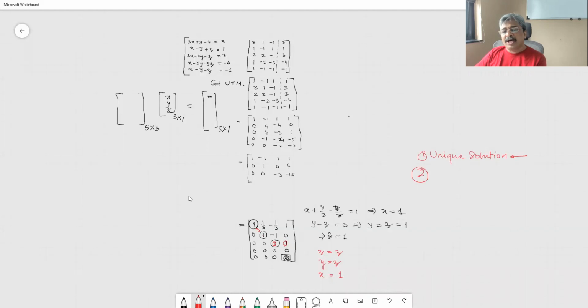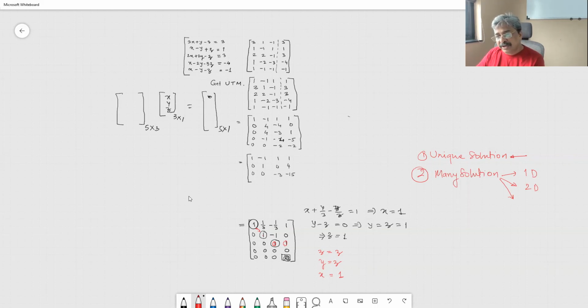Situation number two, you have infinitely many solutions. Now, in many solutions, you have different cases. You may have infinitely many solutions having one free variable, so one-dimensional, infinitely many solutions. Infinitely many solutions where two variables are free, two-dimensional, infinitely many solutions, and so on, depending upon how many free variables you get after row reduction.